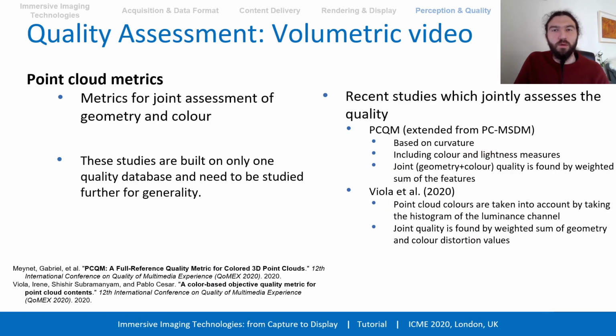Some very recent quality metrics jointly assess the geometry and color distortions together. PCQM, for example, which is extended from PCM-STM, is based on curvature. The metric includes color and lightness measures, and the joint quality is found by taking the weighted sum of the geometry and color features. Similarly, Viola and others also take both geometry and color into consideration.